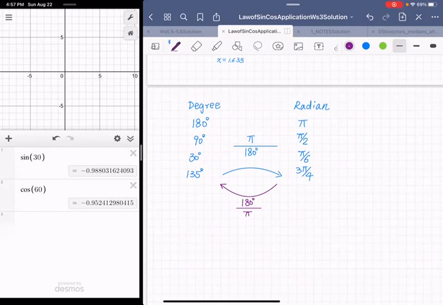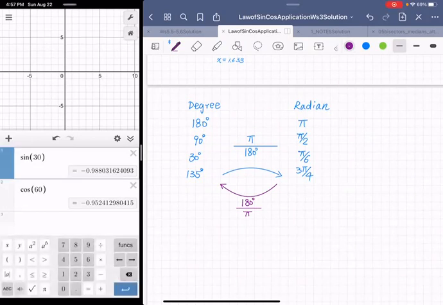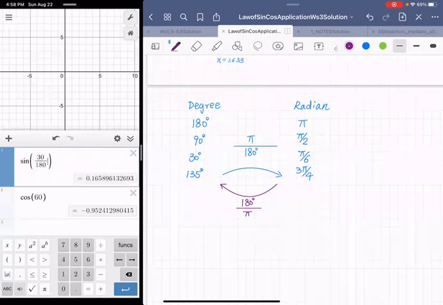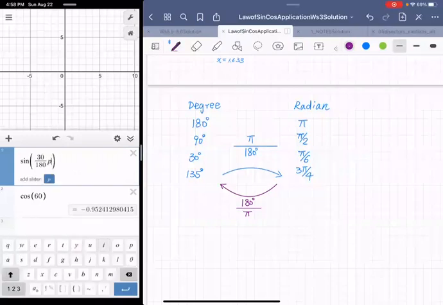Okay. So back to here. What's going on over here? Because the decimal calculator treats your angle input as a radian, not a degree. So you have to do the conversion. For 30, you have to say, I'm going to divide it by 180, and then I'm going to times by pi.